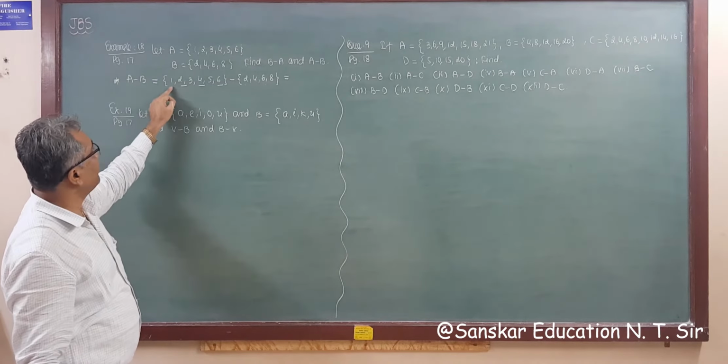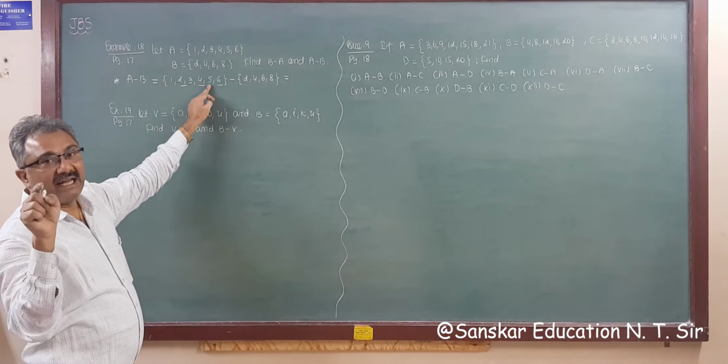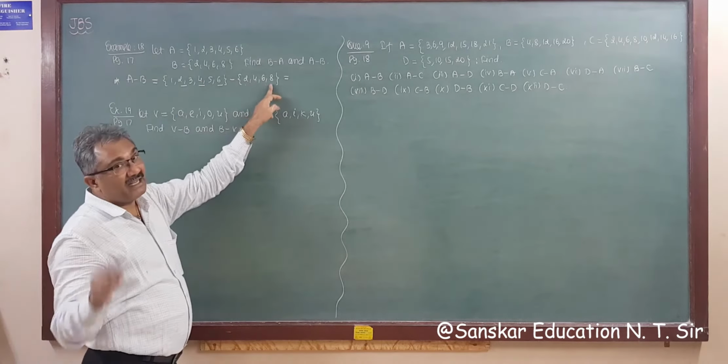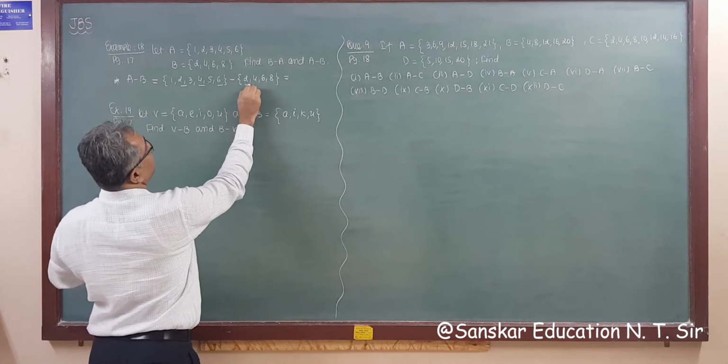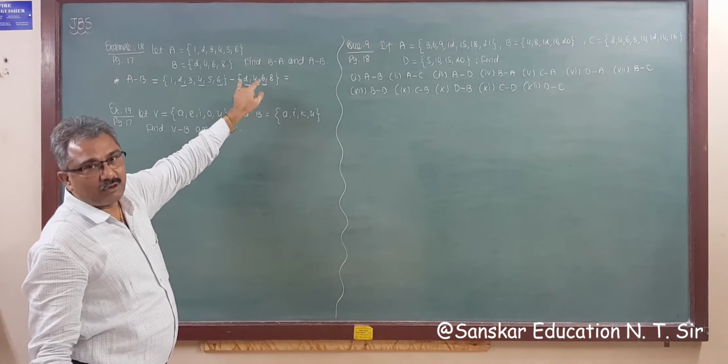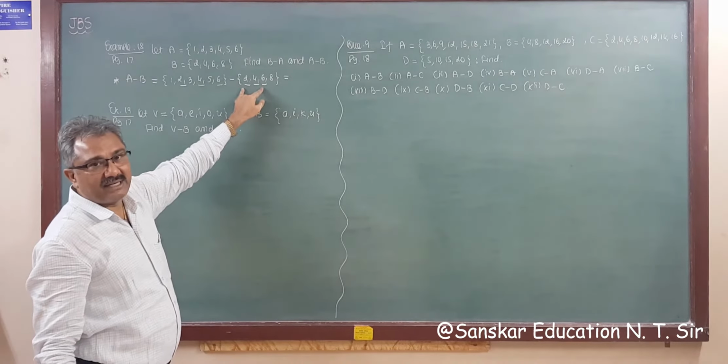So the elements 1, 3 and 5 are in A but not in B, right? We can't write 8 also because there is no 8 in A. These 2, 4 and 6 are common, so we have to neglect, that means omit, these 3 elements only.